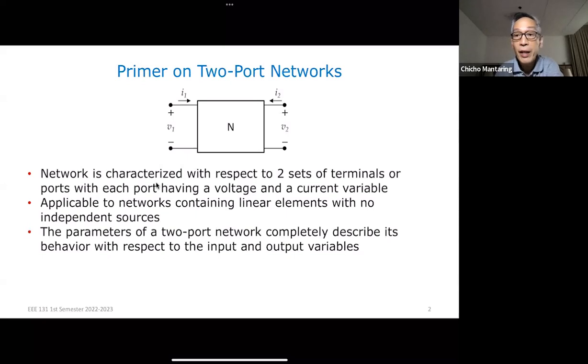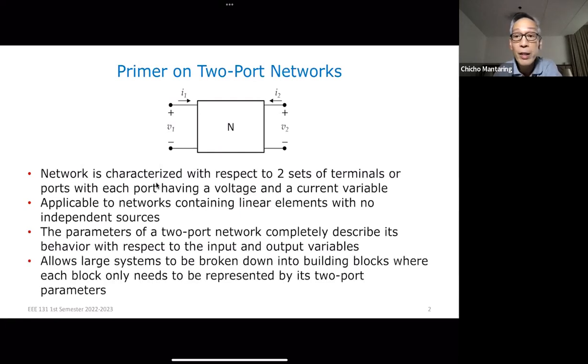Okay. Now, the thesis is this, no? The parameters of a two-port network completely describe its behavior with respect to the input and output variables. In other words, if all I'm interested in is the behavior with respect to port 1 and port 2, I can represent network N by a set of parameters, and I don't have to know what exactly is inside network N. So this might be a very complicated network, but I will be able to represent it with a small set of parameters, and that will completely describe its behavior.